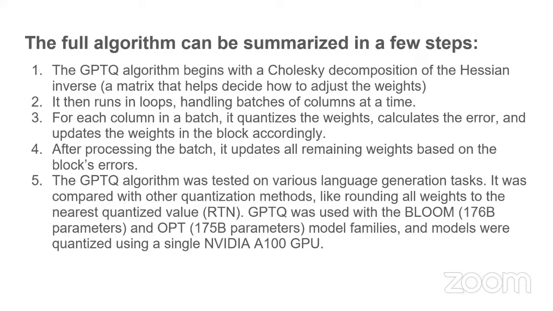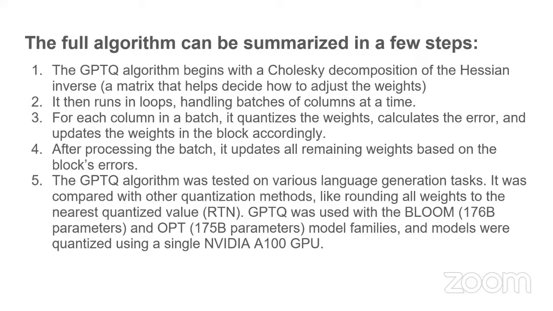Then GPTQ was used with BLOOM, which is the foundation model we have seen earlier, trained on 176 billion parameters, and OPT trained on 175 billion parameters. These model families were quantized using a single NVIDIA A100 GPU.